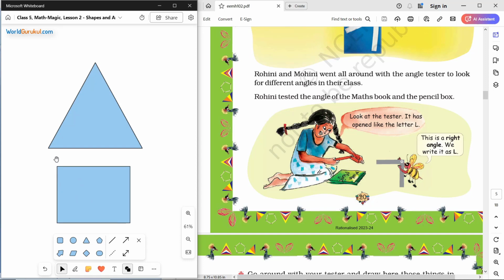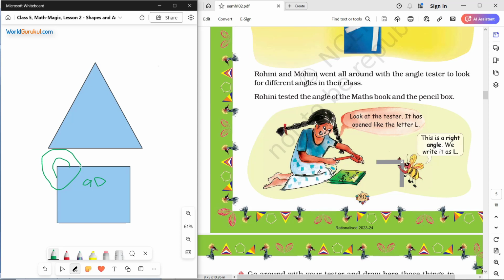And outside, do you know there is an angle outside? The outside angle is going to be how much? The inside we said it's going to be 90, right? And outside it will be 360 minus 90, as the whole angle has to be 360 degrees, right?